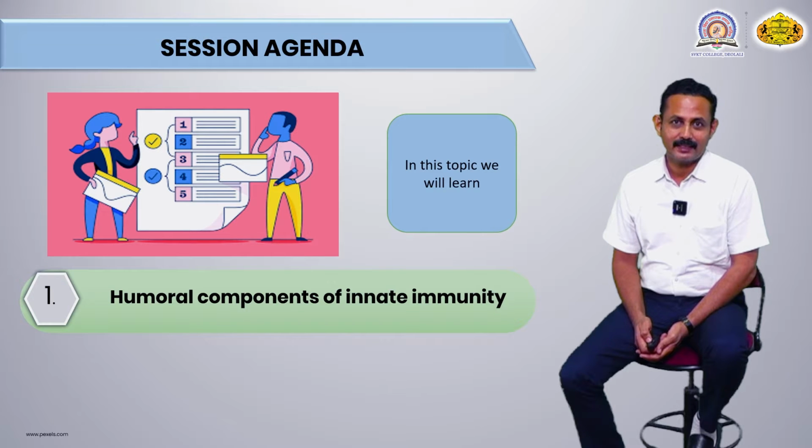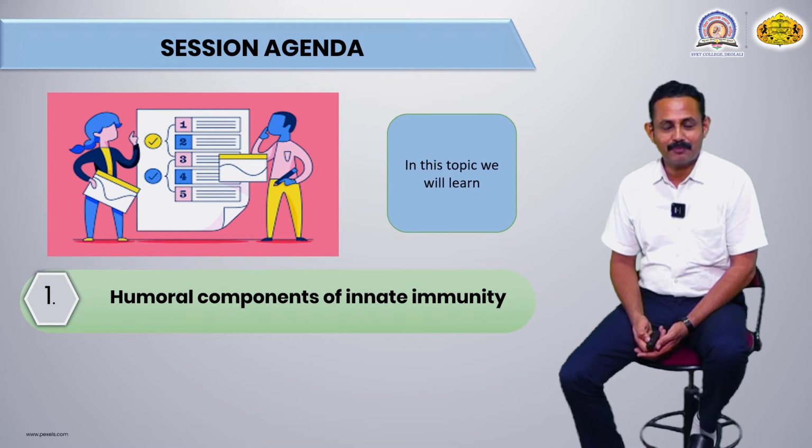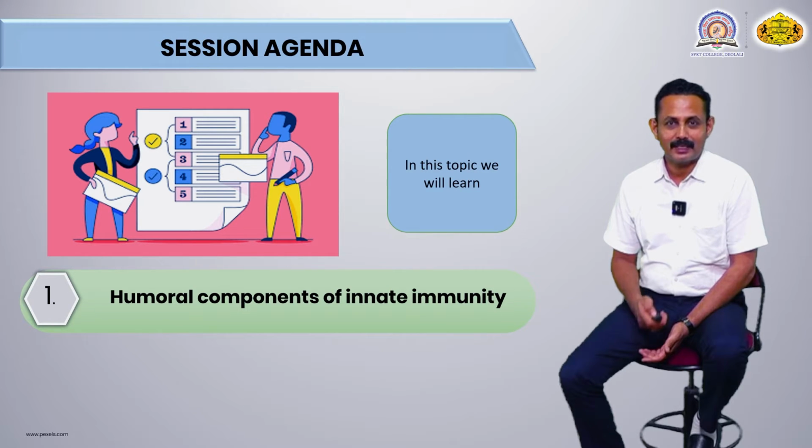We have seen that innate immunity is a natural immunity, which the person has got in the form of a gift from Mother Nature, where different physical, chemical and cellular factors are present.